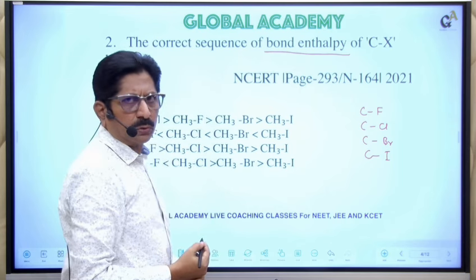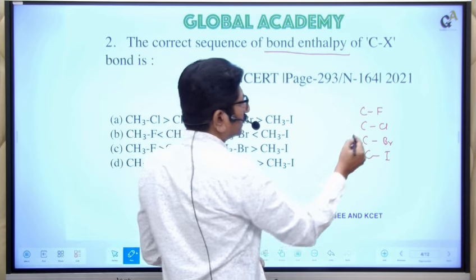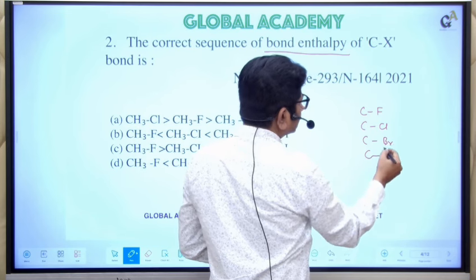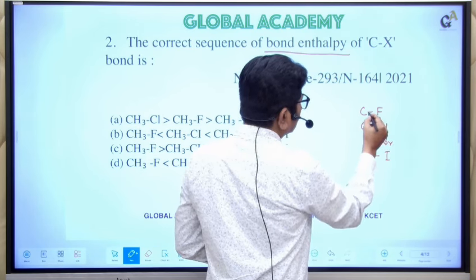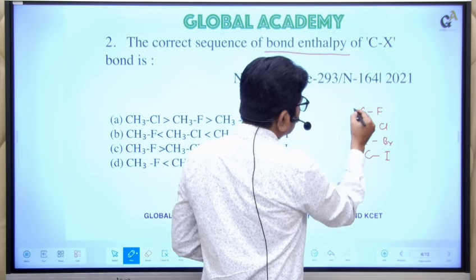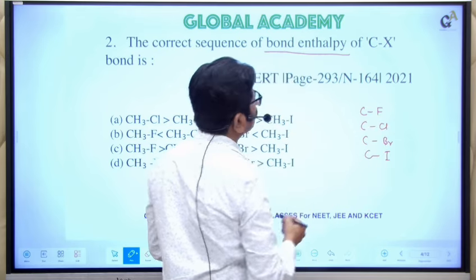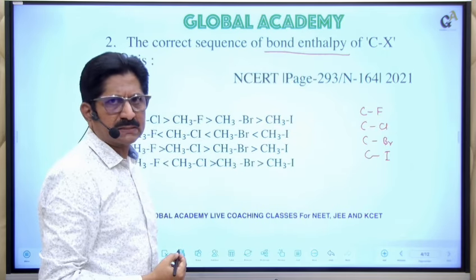Already I had told you that electronegativity goes on decreasing, and hence the bond length goes on increasing.